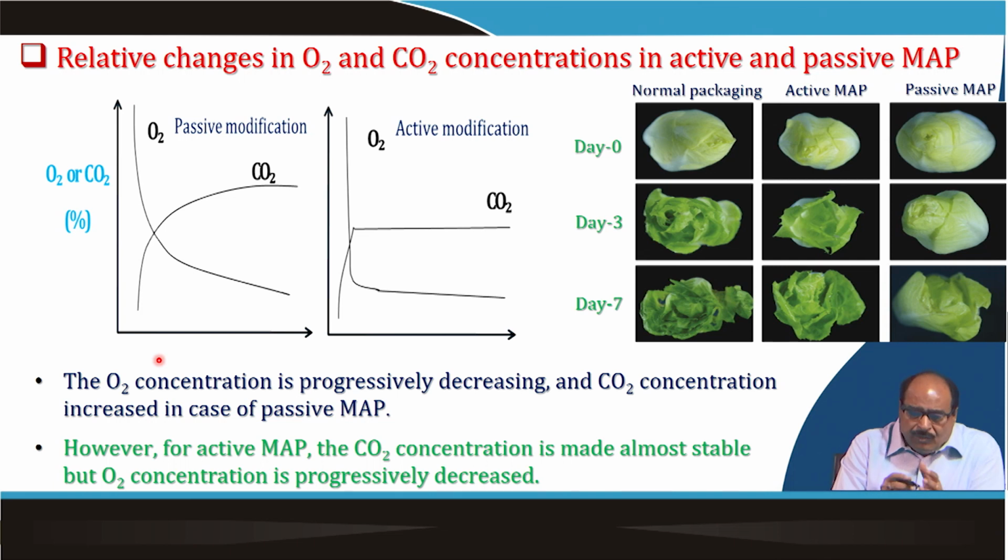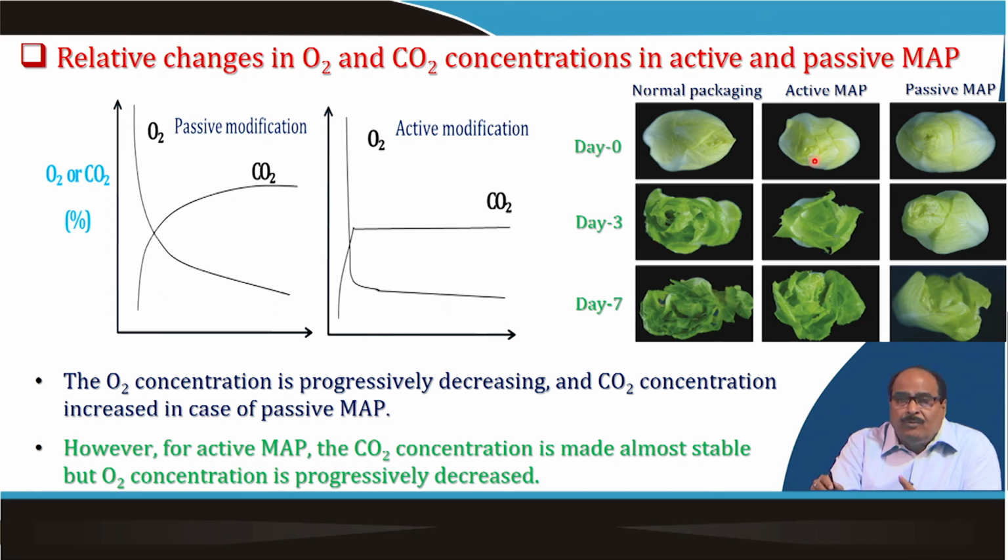You can see here the relative changes in O2 and CO2 concentration in active and passive atmosphere. In the figure it is cabbage with normal packaging, active modified atmosphere packaging and passive modified atmosphere packaging, at day 0, day 3 and day 7. You can see how the changes take place.